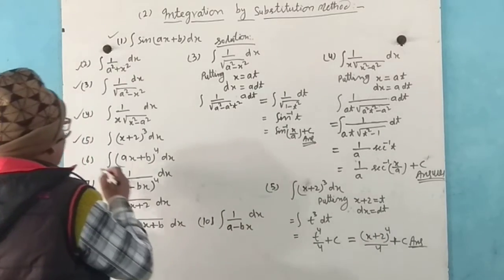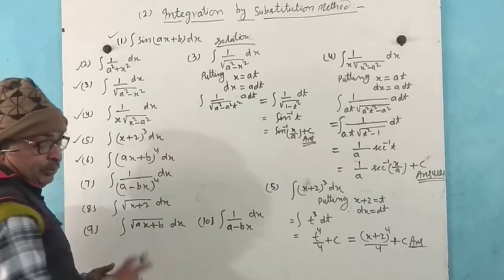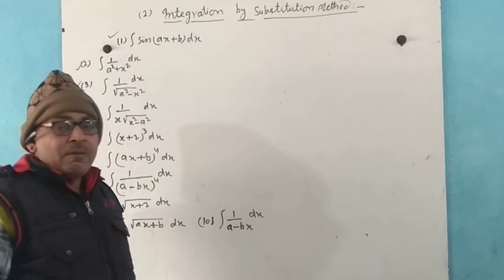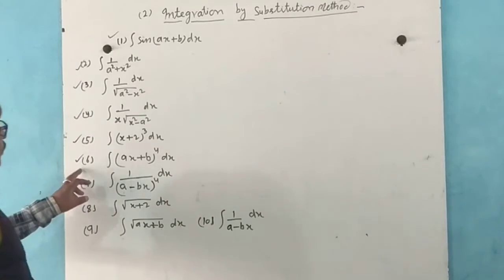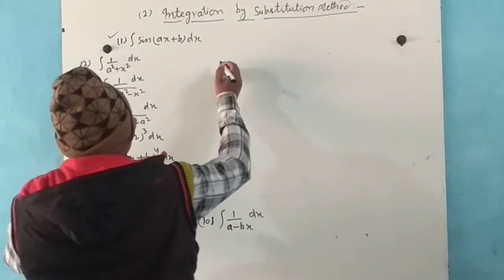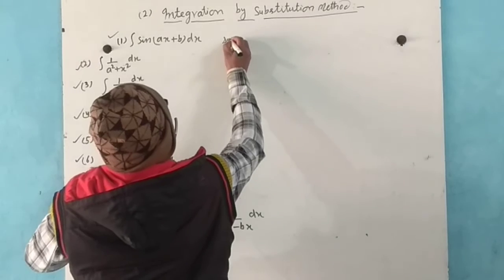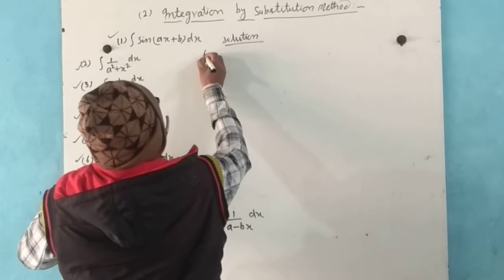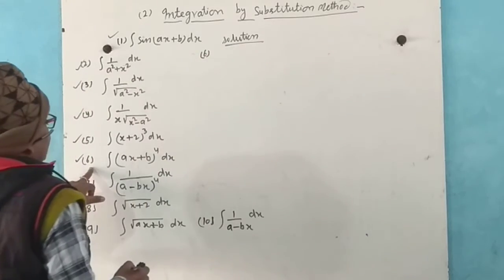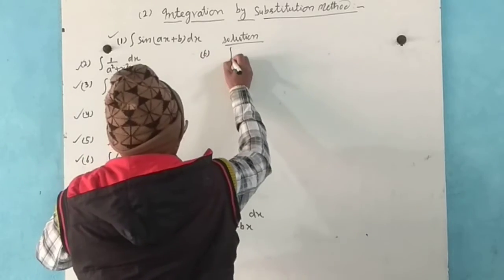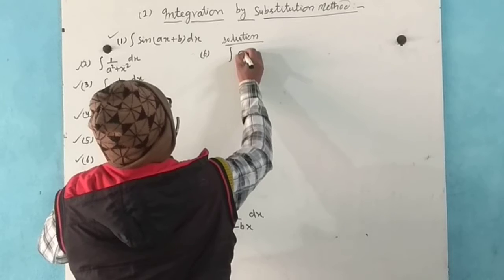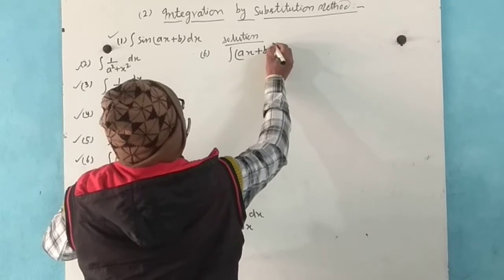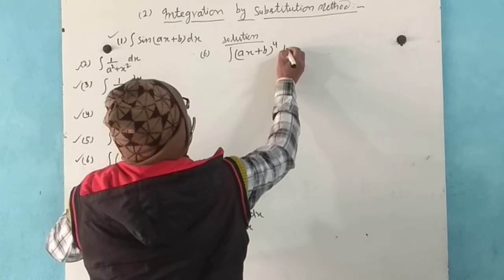Now we take the next problem, question number 6, solution. Integration of ax plus b to the power 4 dx.